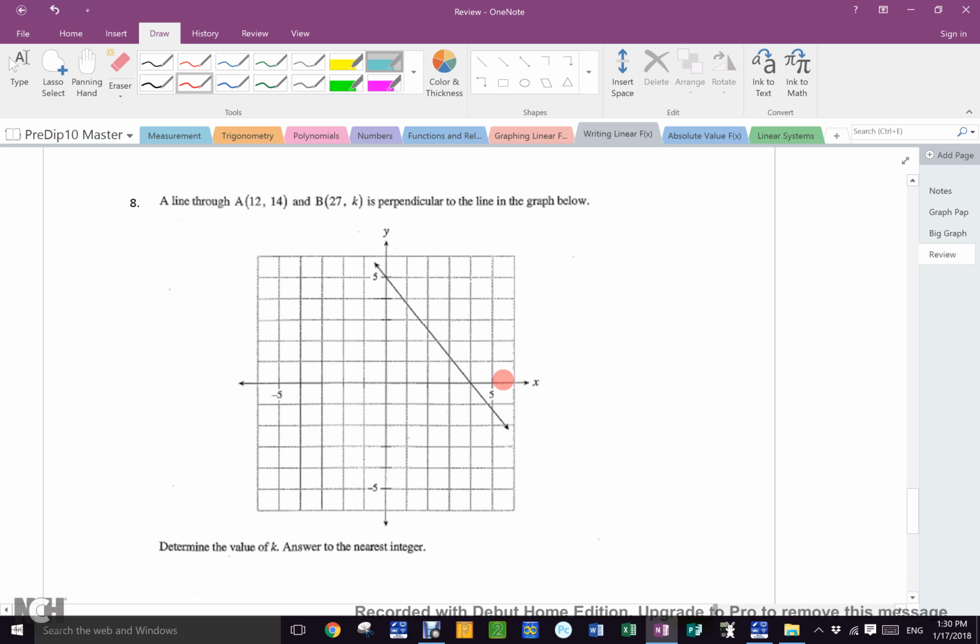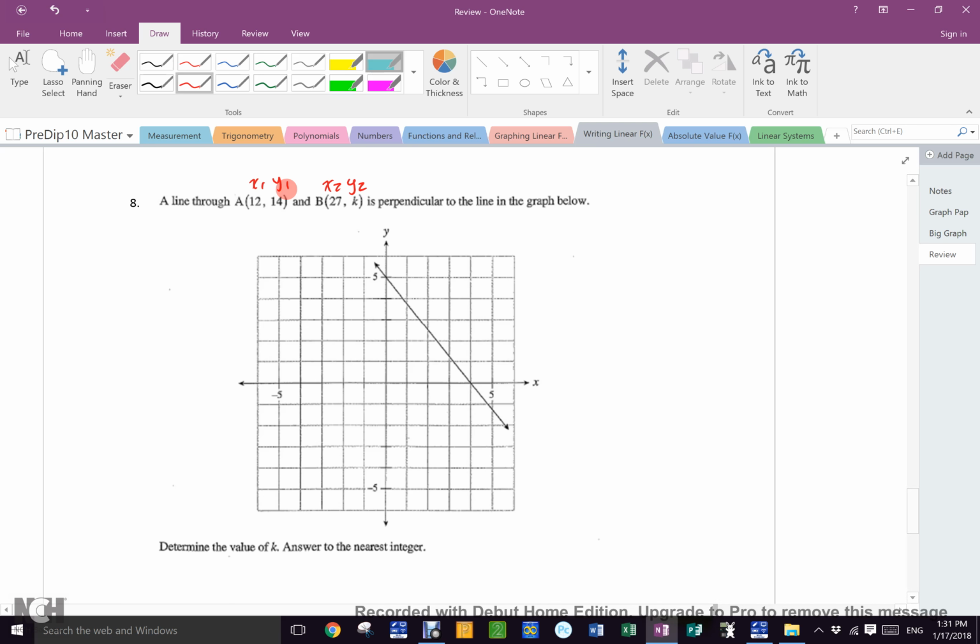There is a perpendicular line on this graph. It goes through 27K. I need K. What's the hint in that question? I have an x2, a y2, an x1, and a y1. So I have everything I need to find what?